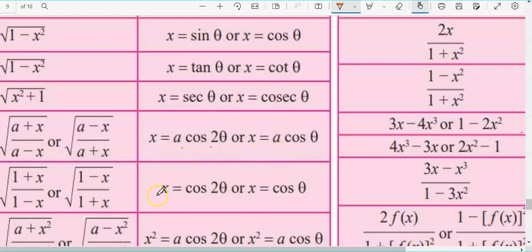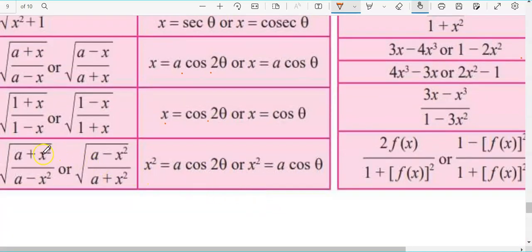For root of 1 plus x upon 1 minus x, x is equal to cos of 2 times theta. For a plus x square or a minus x square, or a minus x square upon a plus x square, it is everywhere cos theta.